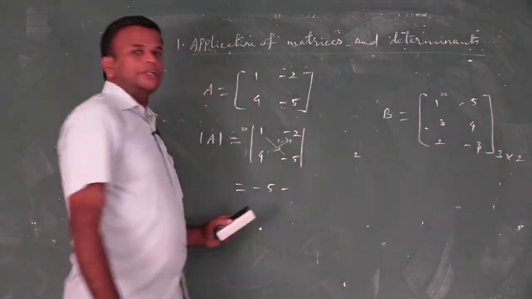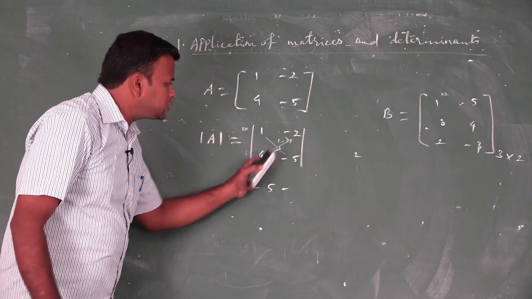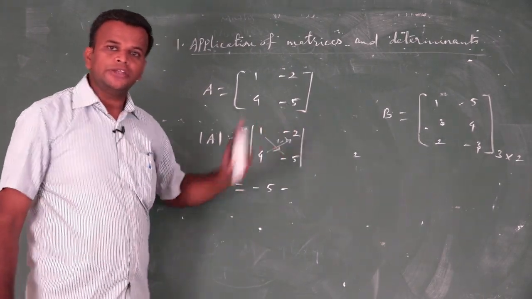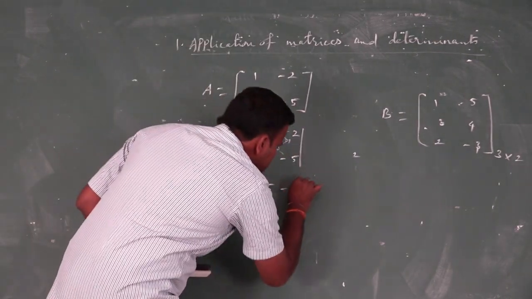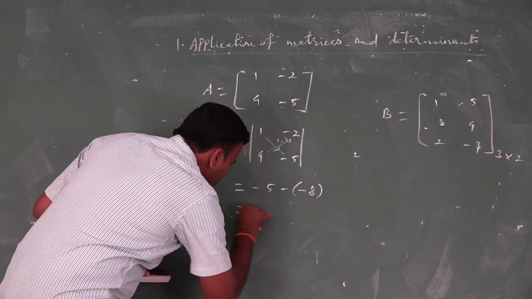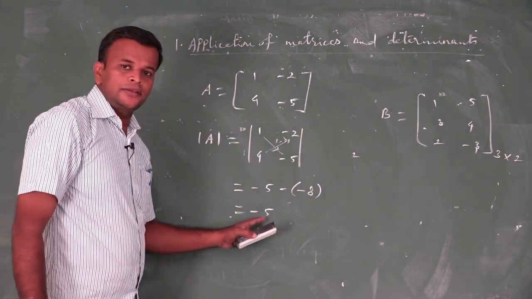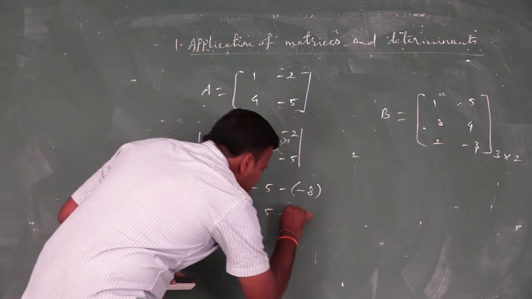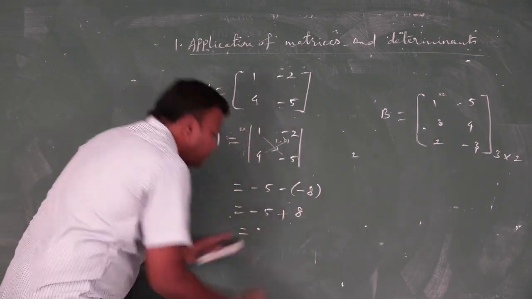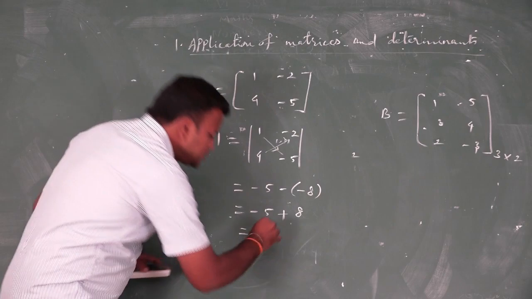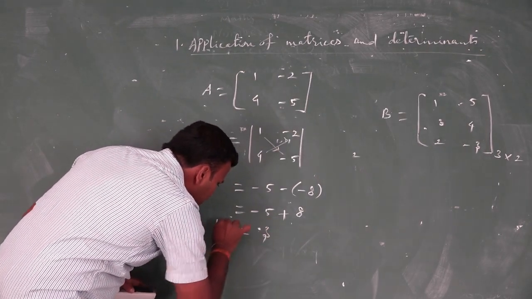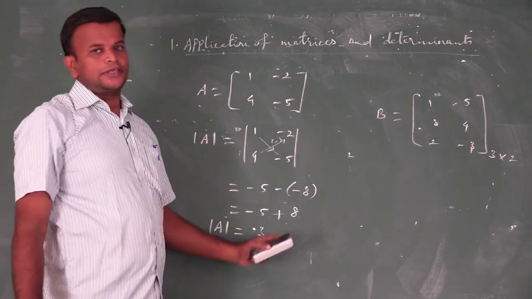So we put 1 minus. Now we multiply these 2 elements: 4 into minus 2, minus 8. So minus 1, minus into minus is plus 8. Minus 1 plus 8, the value is 7. So the value of the determinant is equal to 7.